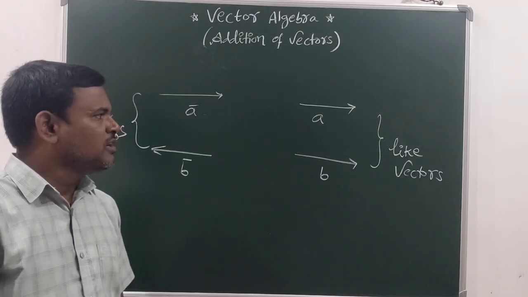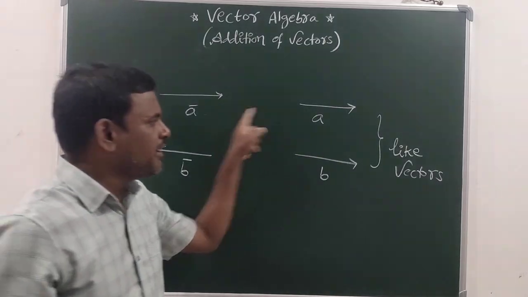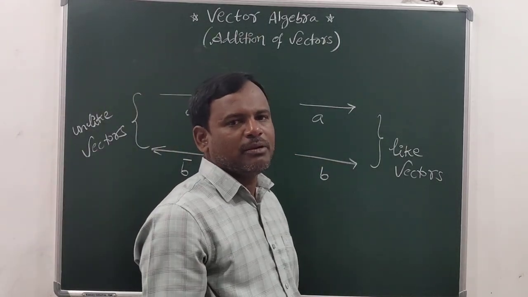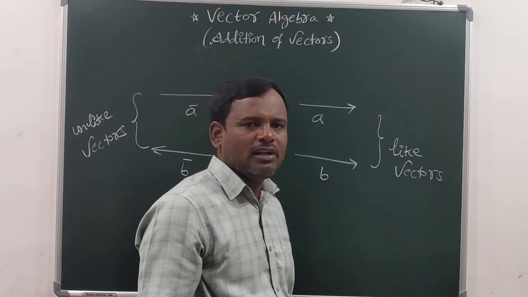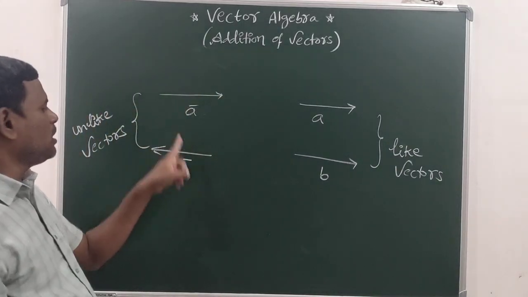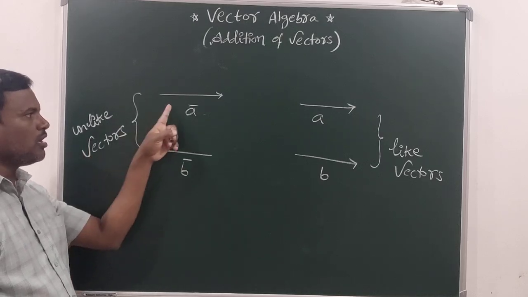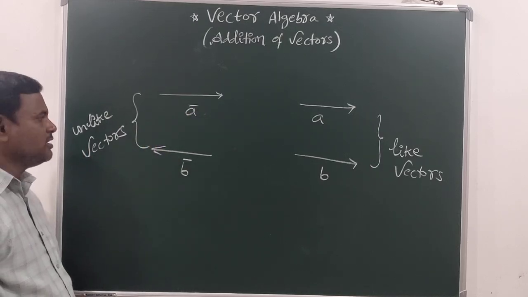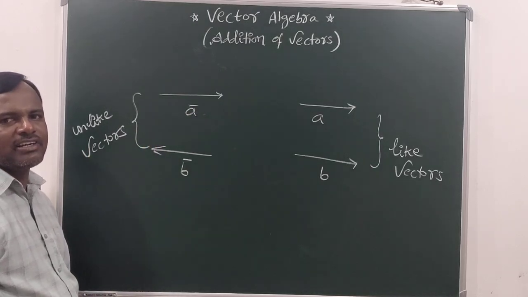Okay, students, if both are parallel and in the same direction, they are called like vectors, and if both are parallel and in opposite directions, they are called unlike vectors.